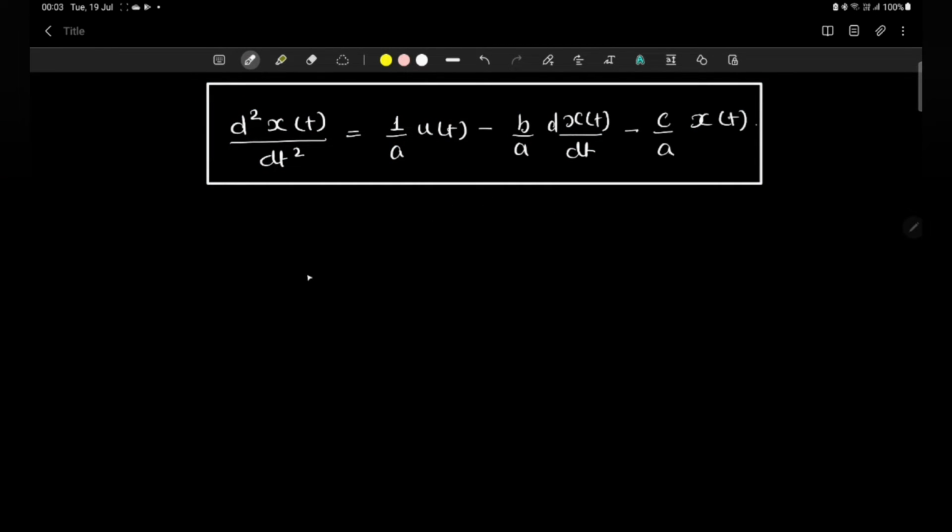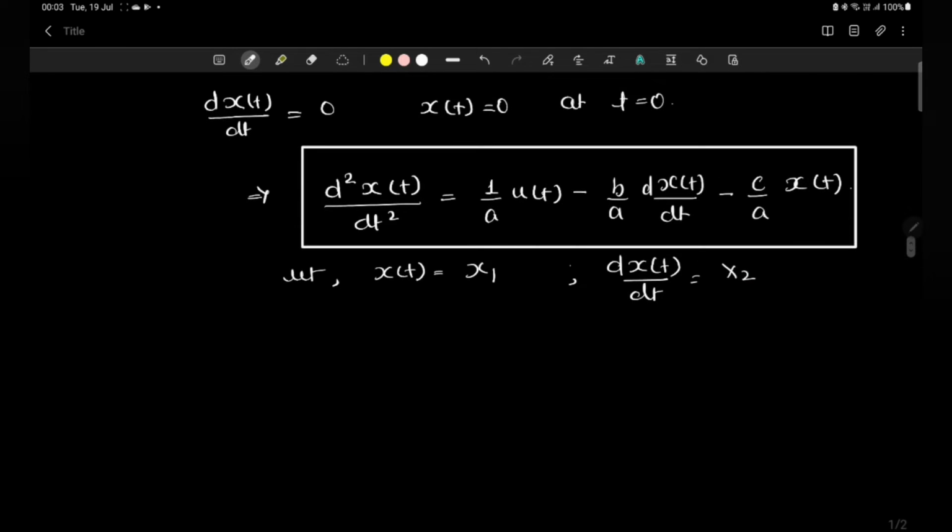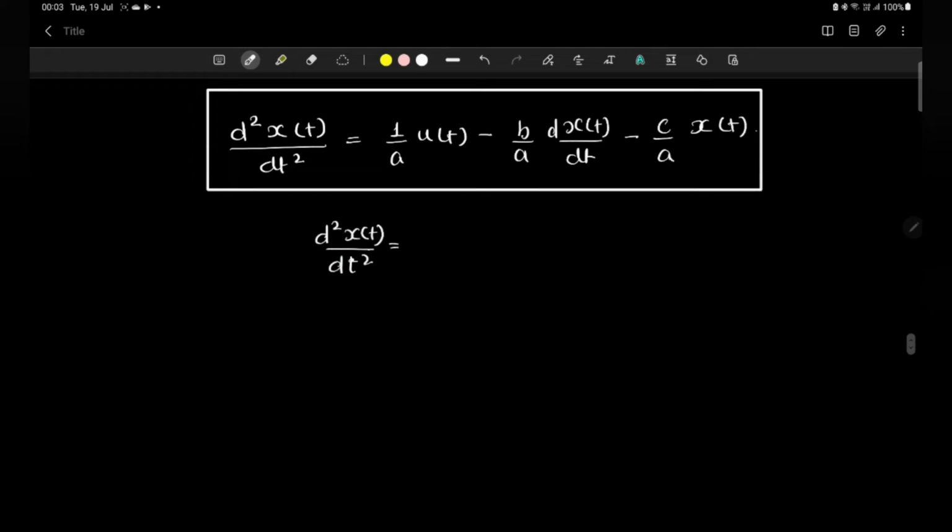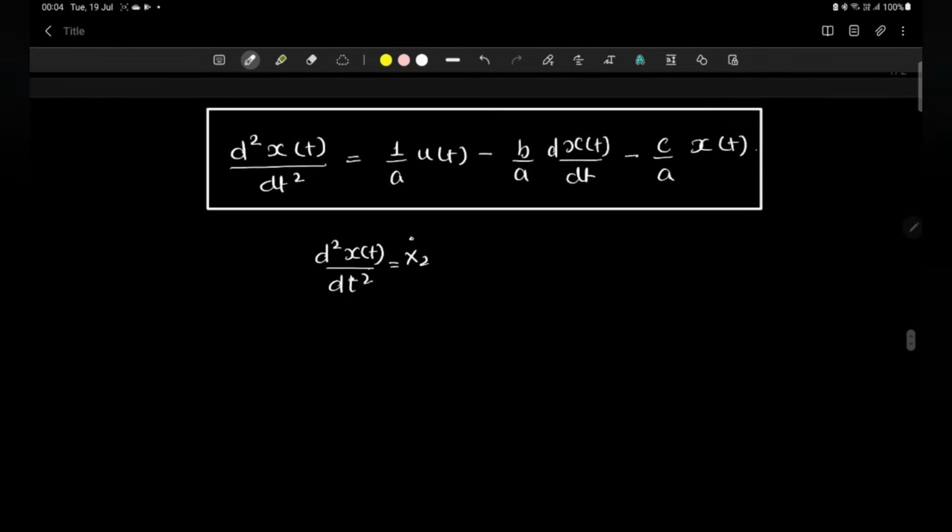First of all, there is the double differentiation, which is the differentiation of x2, so this will be x2 dash. Because dx by dt is x2, d square x by dt square will be the differentiation of x2.